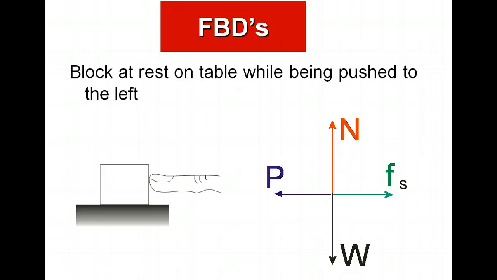But the block remains at rest, so there must be another force of equal magnitude to the right, and that must be a static friction force. So in this case, P and Fs are horizontal forces which cancel. Again, they are not action-reaction forces, but they cancel, giving us a net force of 0.